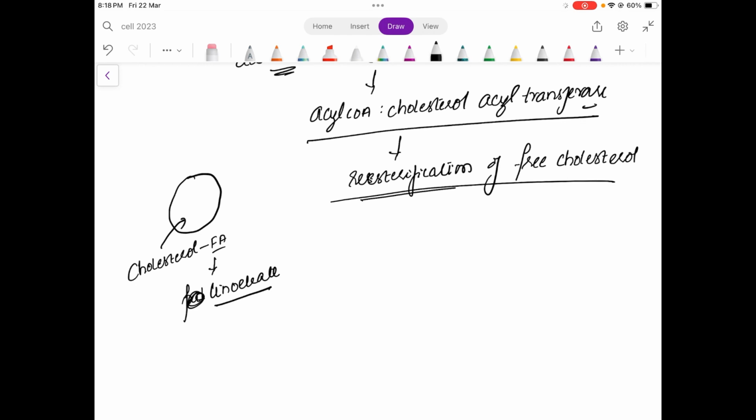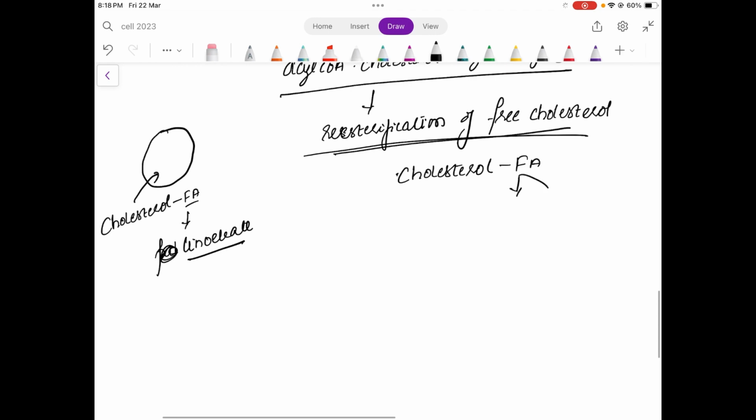But in this re-esterification inside the cell, this cholesterol will have a fatty acid which is made up of either oleate or palmitoleate.